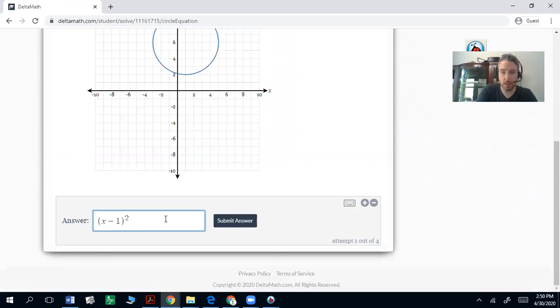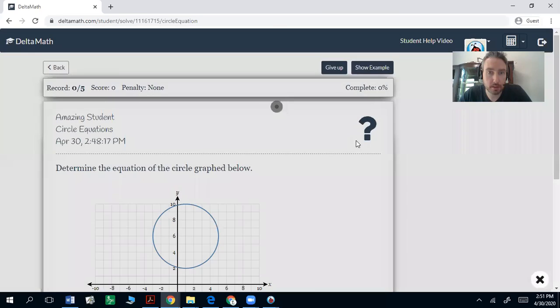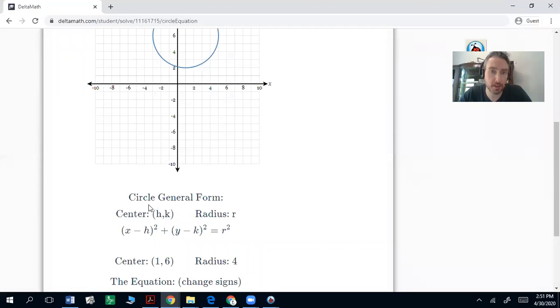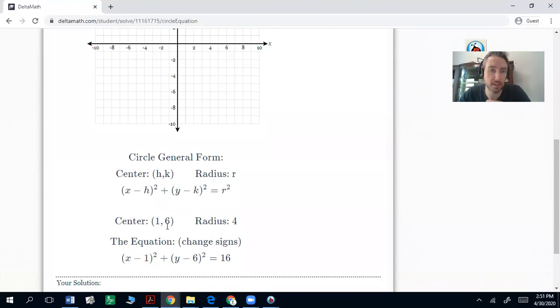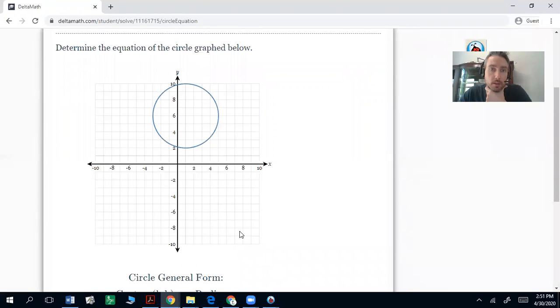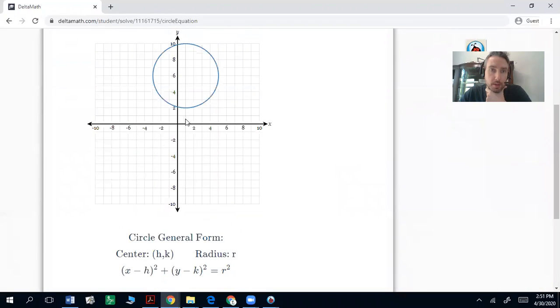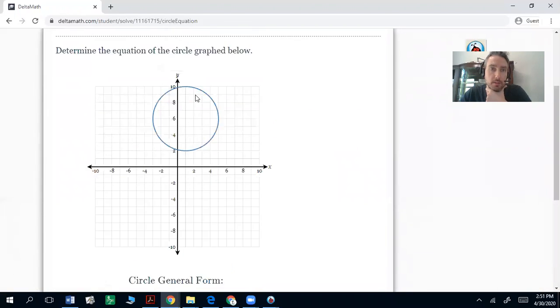So Shift 6, plus parentheses y minus 6, close it up, squared, and then you're going to say equals 16. Submit your answer, and it gives you a green check, so we know we're good. And it gives you the general form here too. So yeah, just remember when you're putting it into the formula that you switch the signs. If the coordinates are positive, then it's going to be minus in the formula.